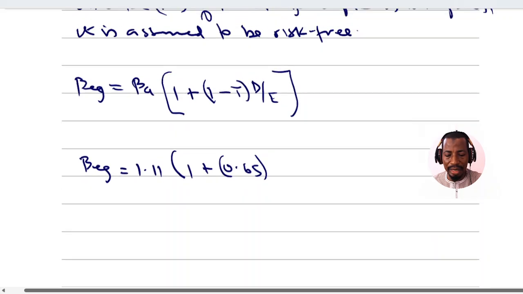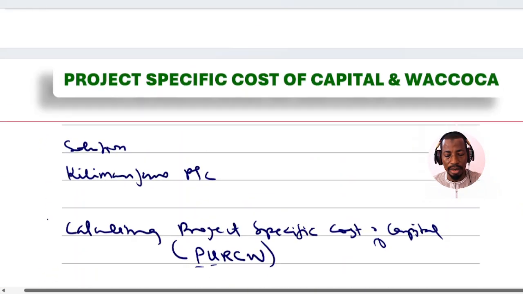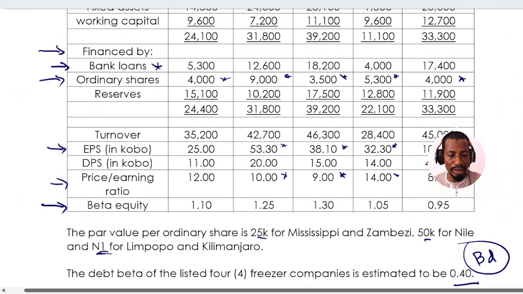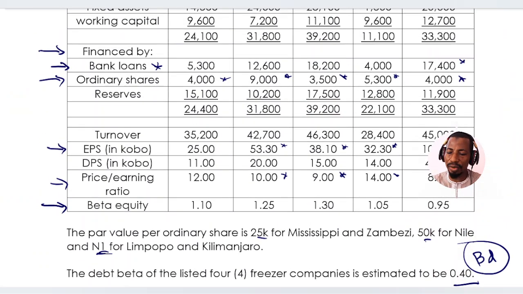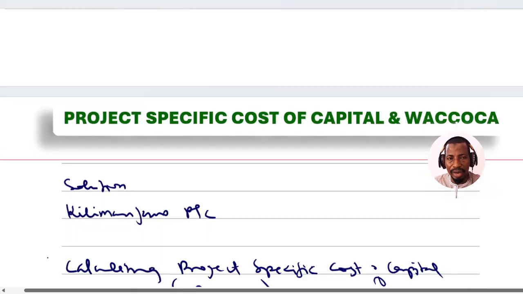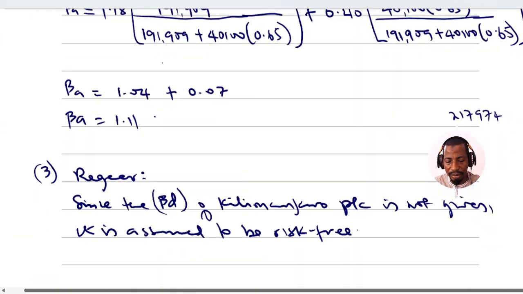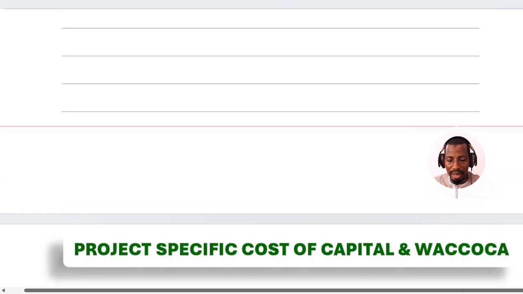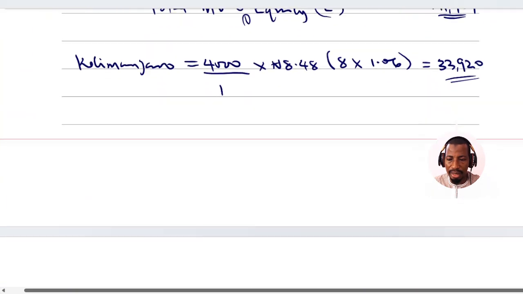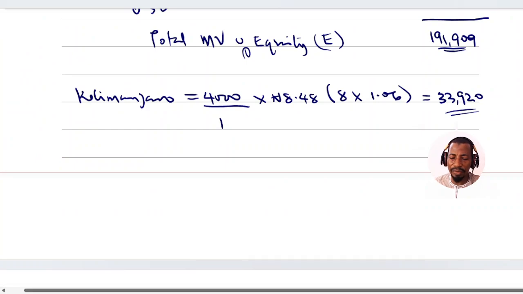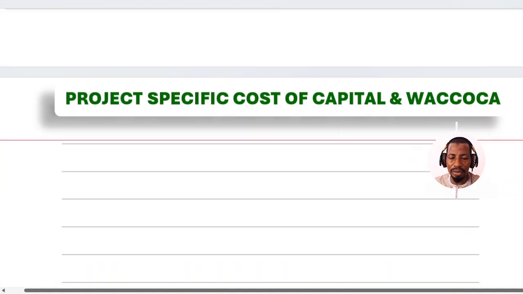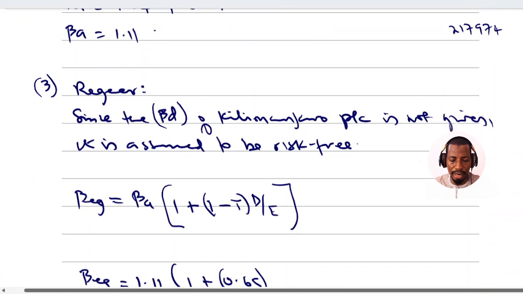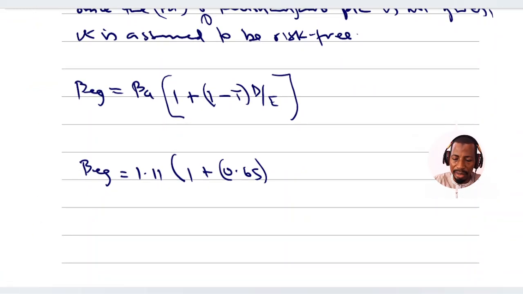The bank loan of Kilimanjaro is 17,400, and the equity value is 33,920, I think. Let me confirm. We calculated equity value to be, yes, 33,920 for Kilimanjaro. And debt value is 17,400. So here multiply by 17,400 divided by 33,920.